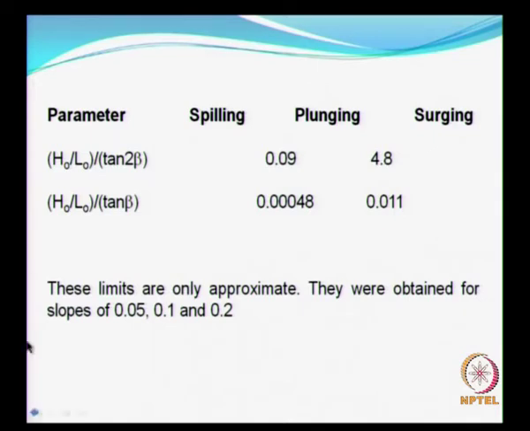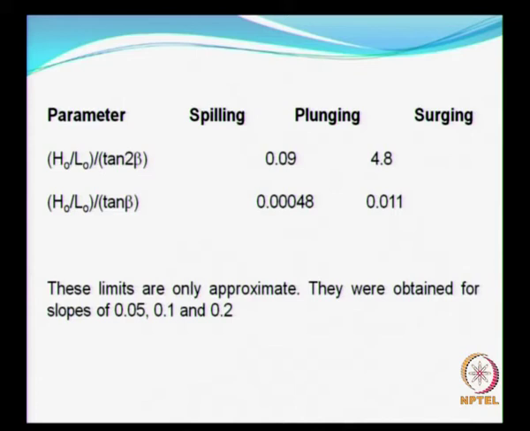We have the parameter in terms of the deep water wave steepness and tan beta, and the classification is given as spilling, plunging and surging, and their ranges are shown here: 0.09 for this parameter, and in this case it should be 0.00048.